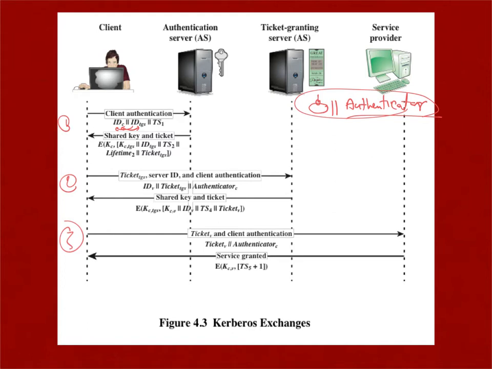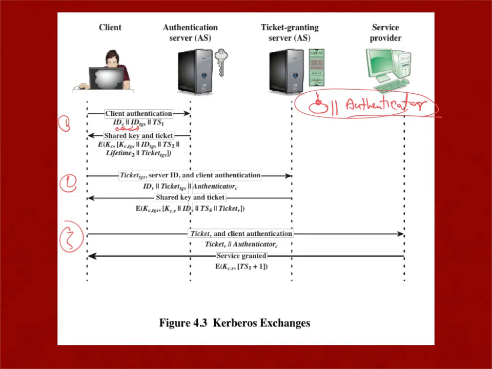You are sending a request to AS to request access to TGS. Which means you are requesting a ticket in order to be able to access TGS using that ticket later on. That's why I said always put the server that you want to access next first.